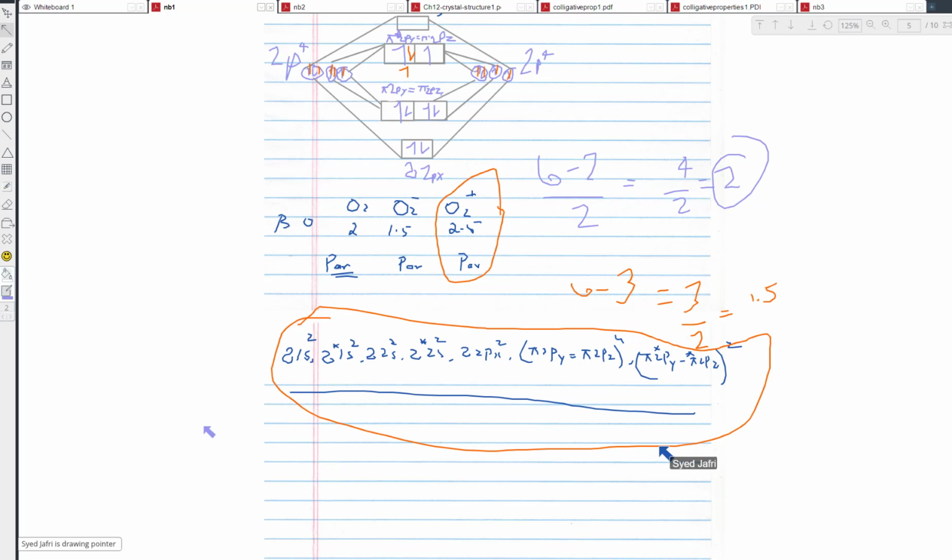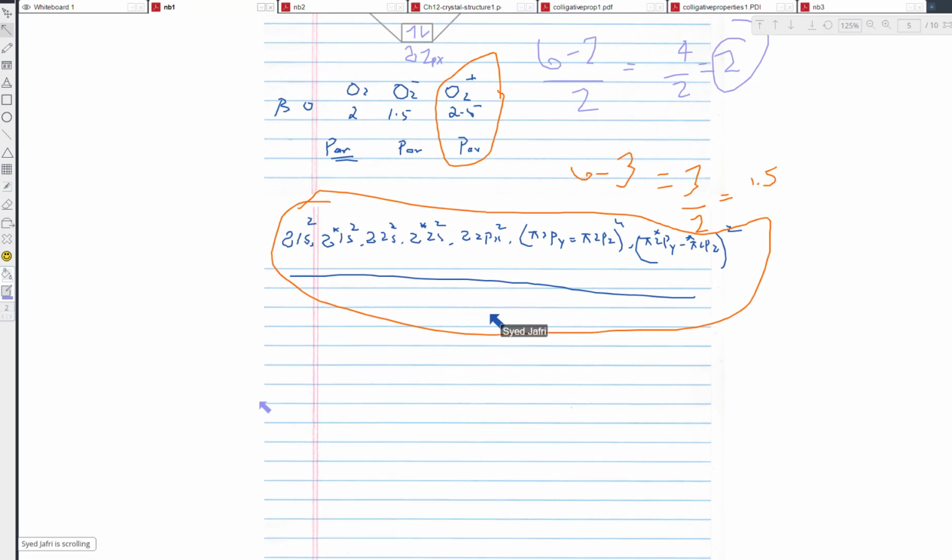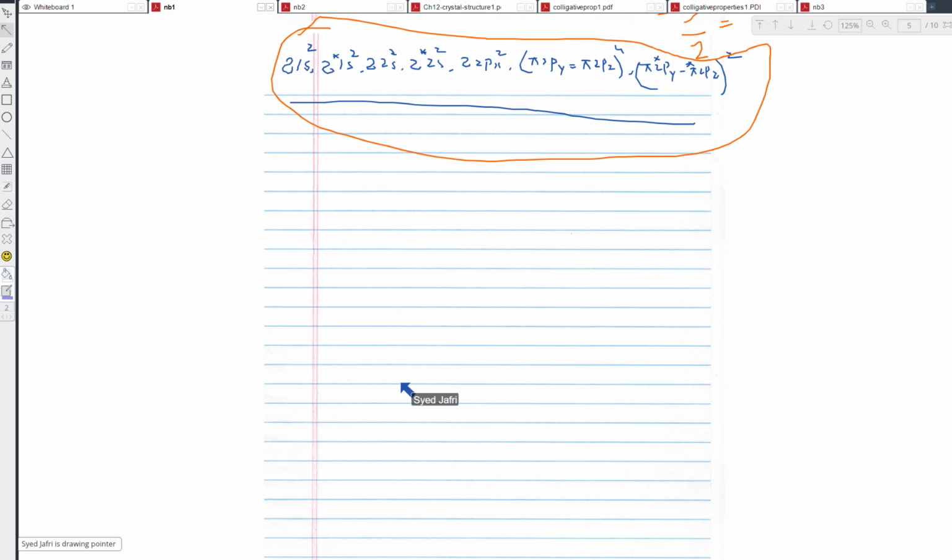I want to try S2 minus, that's sulfide. How are you going to write the molecular configuration?